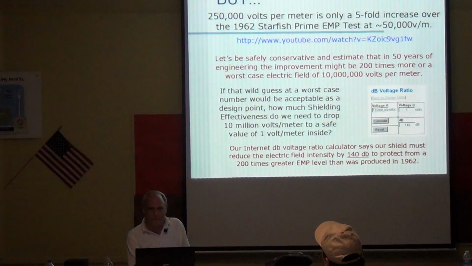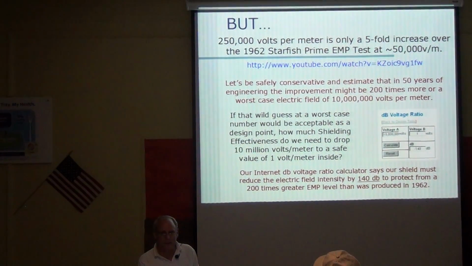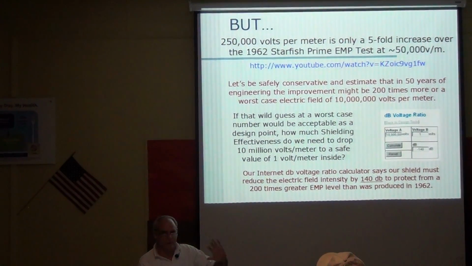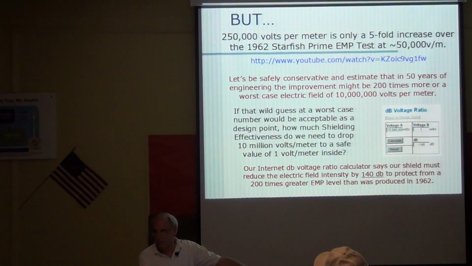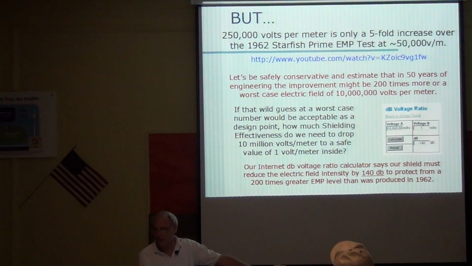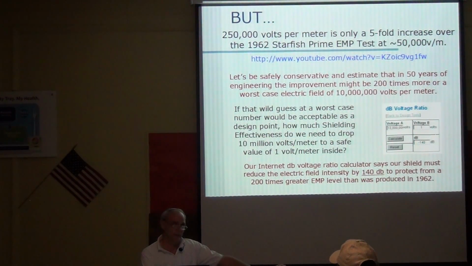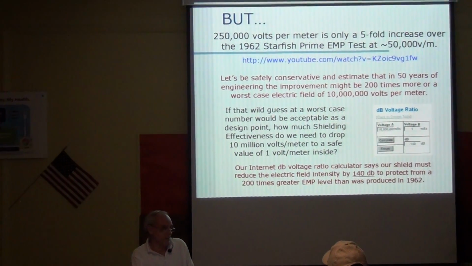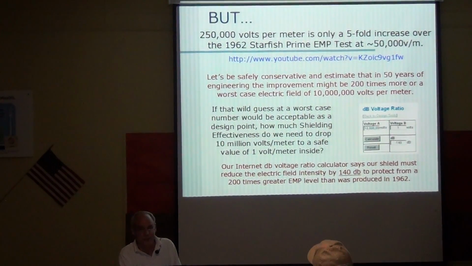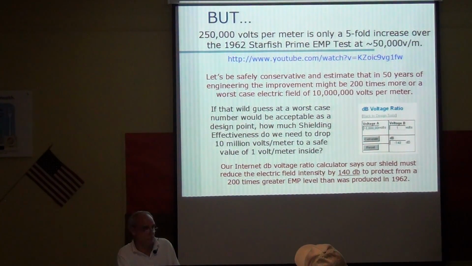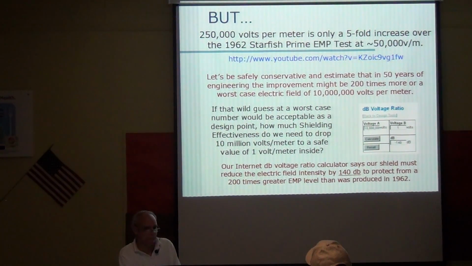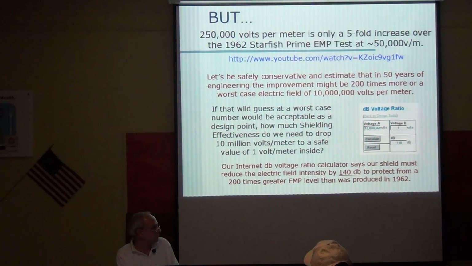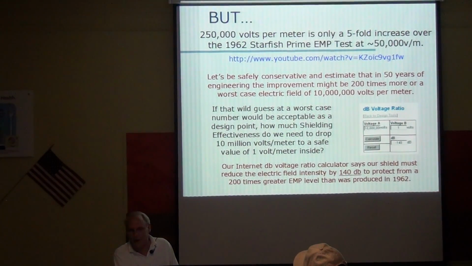So the argument there about a 5-fold increase, I think, is disinformation that they're sending out, hoping somebody else is going to believe it, particularly an enemy. So my argument is, let's use 200 times that, and say 200 times is going to give us 10 million volts per meter as a threat level that we want to protect against. I think that's a pretty good shot.